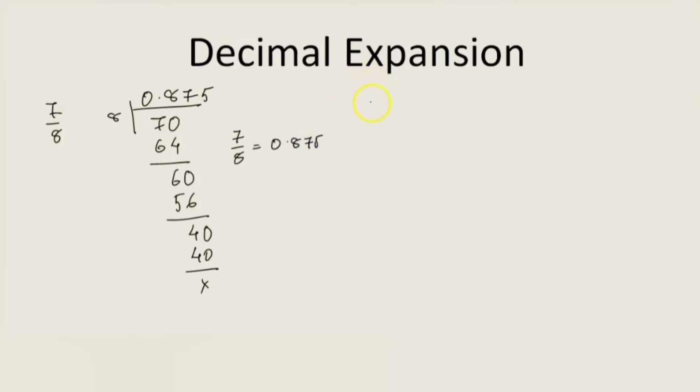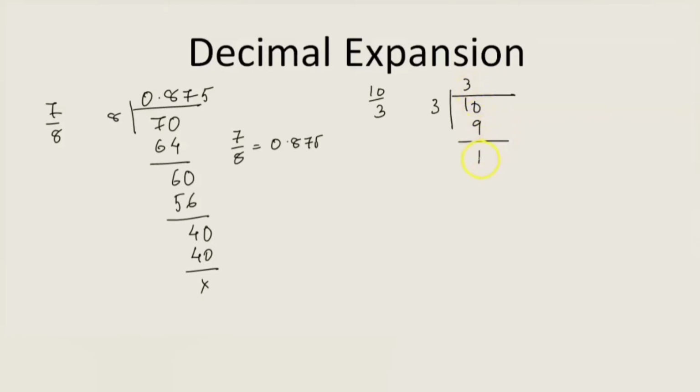Let's take another example, that is 10 by 3, which is a rational number, and let's see the decimal expansion of this number. Let's divide 10 by 3. We know 3 threes are 9, so I get a remainder 1.